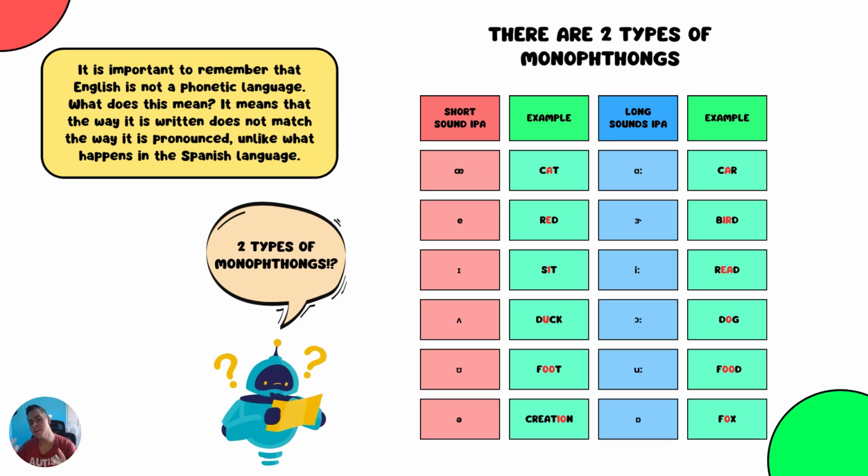I don't know if you can notice the difference, but if you look here at the words sit and read, it sounds the same. But remember, as a non-native speaker, it will sound the same, but for a native speaker, it will not be the same word. You need to keep that in mind.